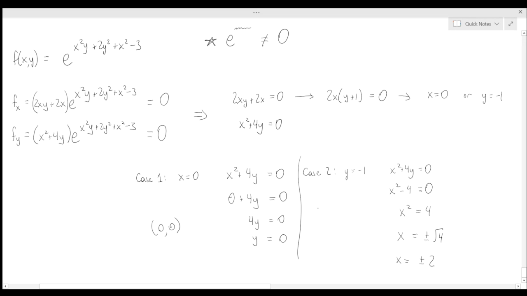Okay, so then that gives us two critical points here. So x could be 2, with y being -1, or x could be -2, with y being -1, okay? So altogether, we ended up finding 3 critical points.